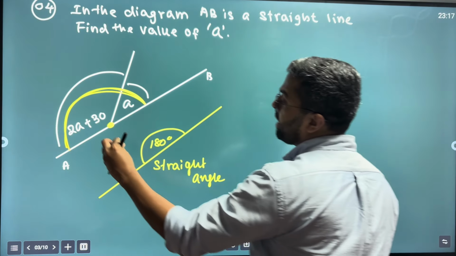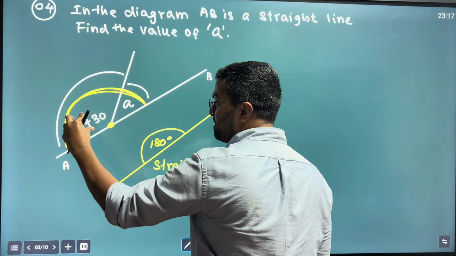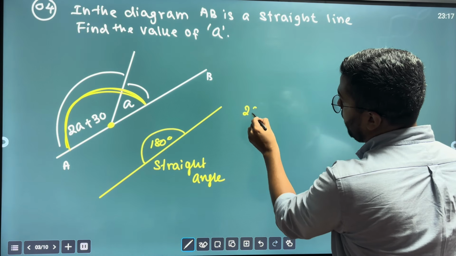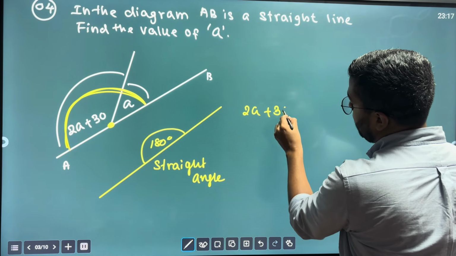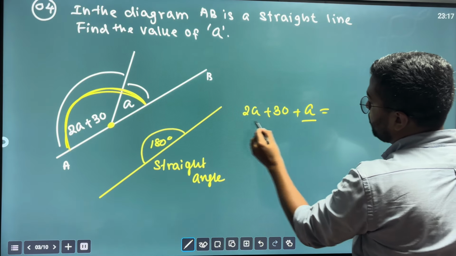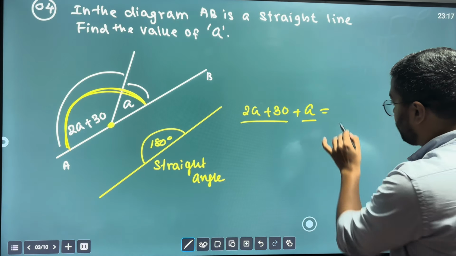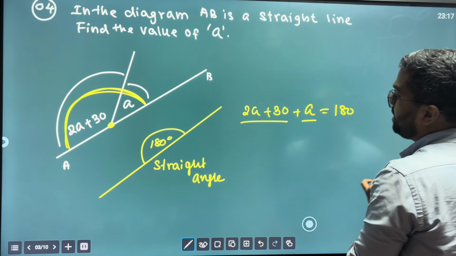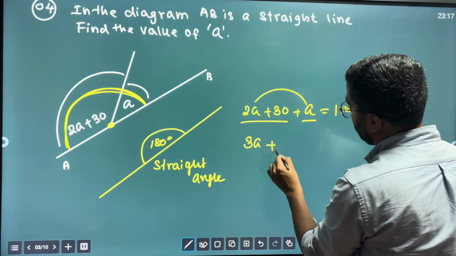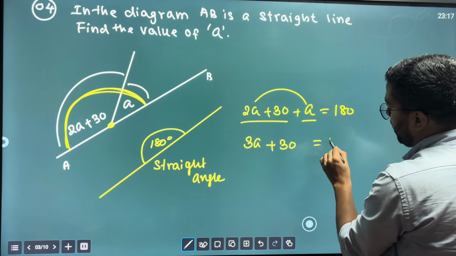The two angles we have here are 2a plus 30 and the other angle is a. The sum of these two angles should equal 180 degrees. 2a plus a is 3a. 3a plus 30 equals 180.